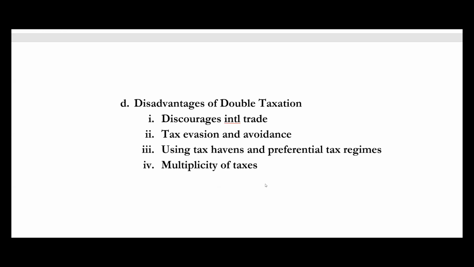It even collapses businesses, right? And sometimes it discourages compliance. People wouldn't want to comply. Do you understand? So these are the disadvantages of double taxation. So that was all about what double taxation was, the types, what the connecting factors are, and what the causes and the disadvantages are.